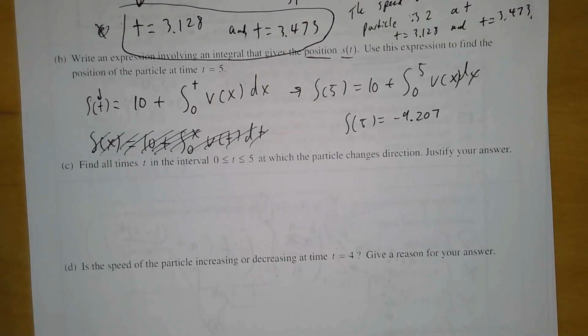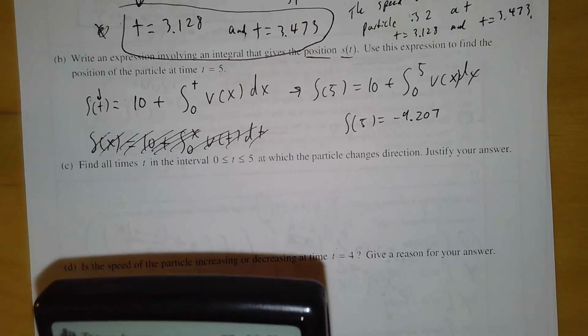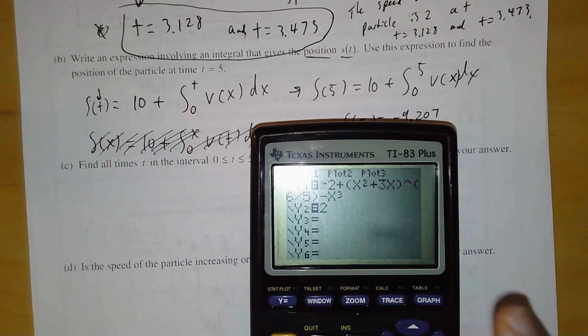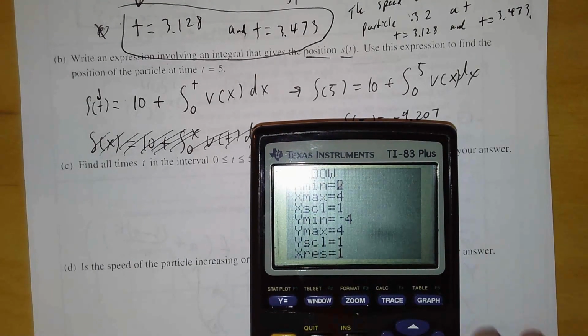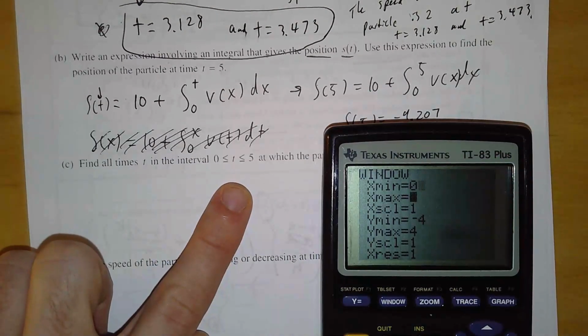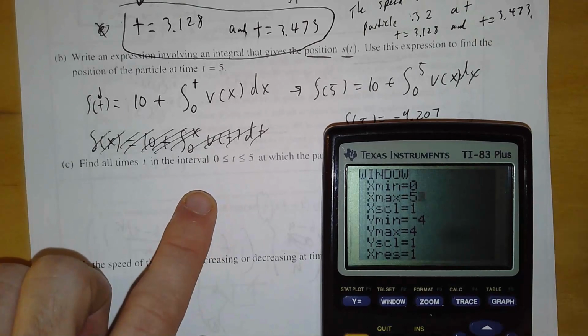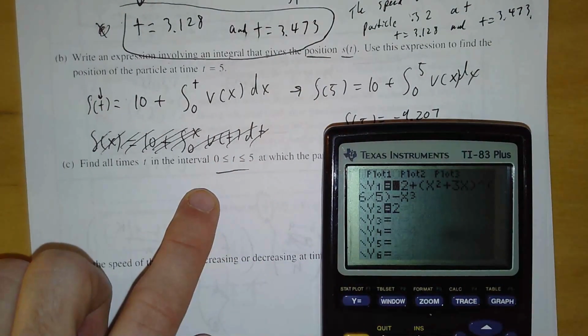Find all the times from 0 to 5 when the particle changes direction. So back to the graph, and I'm going to do a couple things here. I'm going to change the window back to 0 to 5 because that's what it wants, 0 to 5. Make sure you always match the window to that. It's important. And then I'm going to go back to y equals, I'm going to get rid of the 2. I don't need the 2 anymore, so we can clear that.